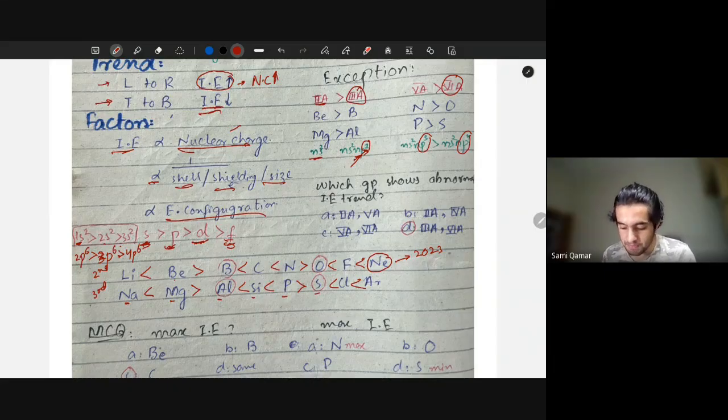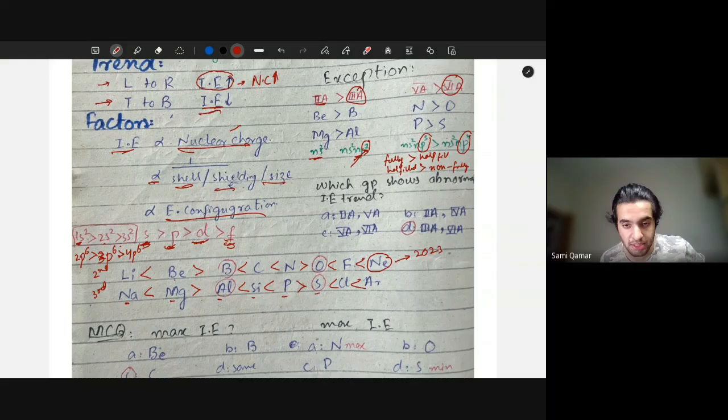Remember this: fully filled is more stable than half filled, and half filled is more stable than non-fully filled. So how many electrons can be accommodated in the p subshell? Right, 6 electrons.